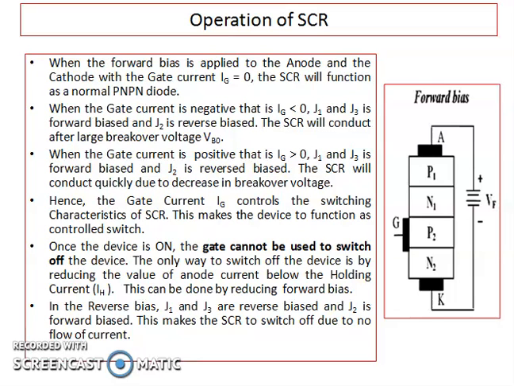The only way to switch off the device is by reducing the value of the anode current below the value called the holding current, and this can be done by reducing the forward bias. In the reverse bias, J1 and J3 are reverse biased and junction J2 is forward biased. So this will make the SCR switch off due to no flow of current.